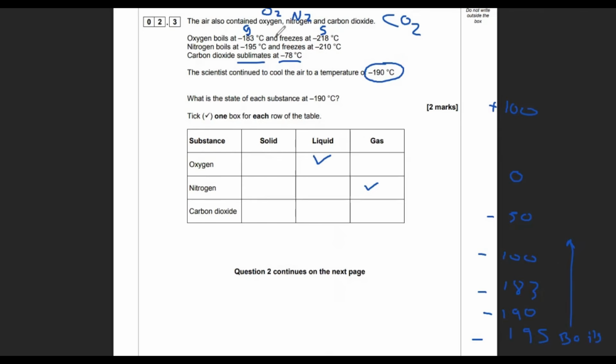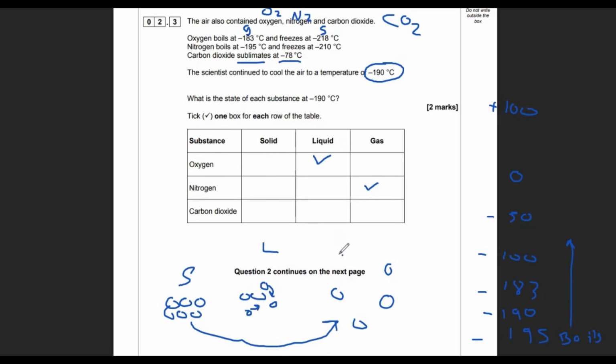Okay, carbon dioxide sublimates at -78. Do you know what sublimates means? Sublimates is when you go from a solid and you have no liquid phase. You skip the liquid and you go straight to the gas phase. Over here is liquid, where they kind of move around each other, are in contact with each other. They should really be touching, but yeah, so there's solid, there's liquid, there's gas.